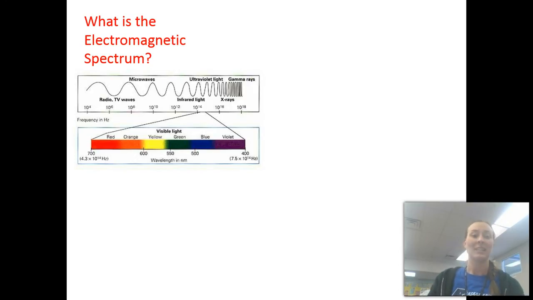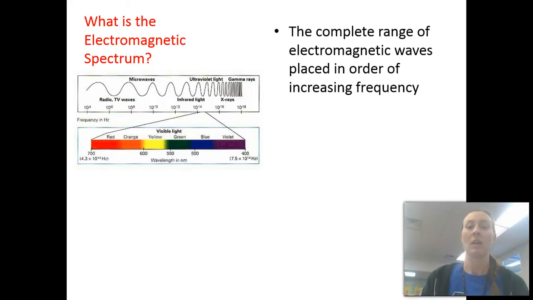What is the electromagnetic spectrum? Well, we know that it is made up of electromagnetic waves. It is the complete range of electromagnetic waves placed in order of increasing frequency. You can see over here on the left we have radio waves, TV waves, microwaves, and the waves start to get closer and tighter together.